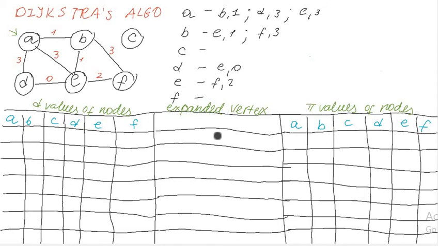So in this case, the source node itself will be here because the distance from A to A is 0. And then we'll go to the next nodes with minimum weight.